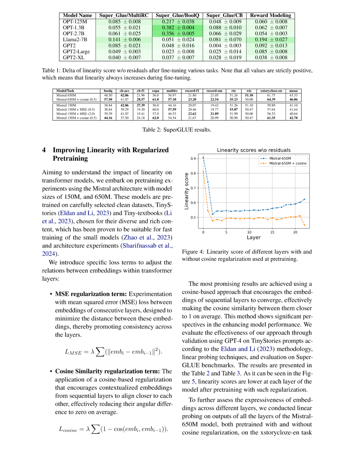The most promising results are achieved using a cosine-based approach that encourages the embeddings of sequential layers to converge, effectively making the cosine similarity between them closer to 1 on average. The effectiveness of this approach is evaluated through validation using GPT-4 on TinyStories prompts, linear probing techniques, and evaluation on SuperGLUE benchmarks.